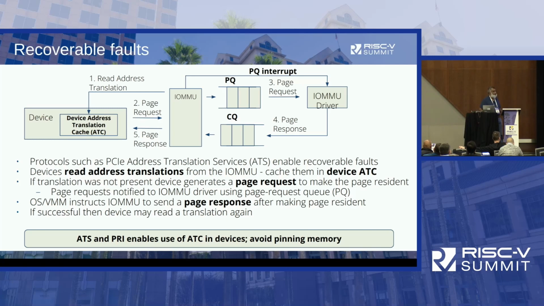It also allows the device to prefetch these address translations ahead of time so that it can reduce the latency involved with I/O. So these protocols, the address translation service and the page request interface, enable the use of address translation caches in devices, avoid pinning memory as part of I/O, and especially with shared virtual addressing, allow direct I/O submission by applications.